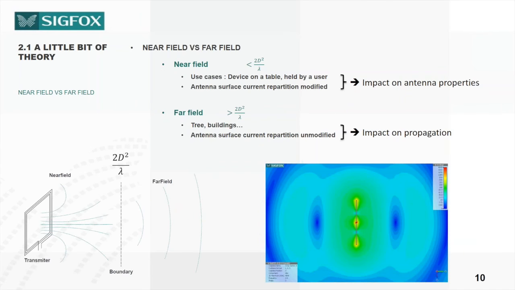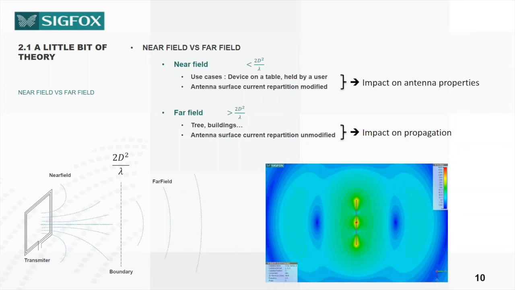Okay, now I was talking about the near-field and the far-field region. Around an antenna, you have these two areas that are defined. In the near-field area, the fields are completely linked to the current repartition or the surface current of the antenna.